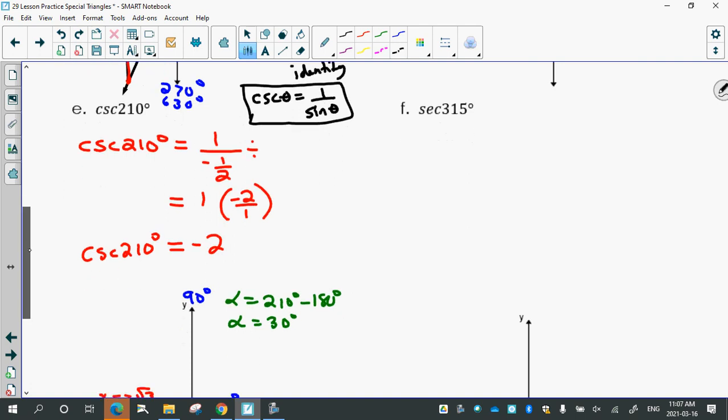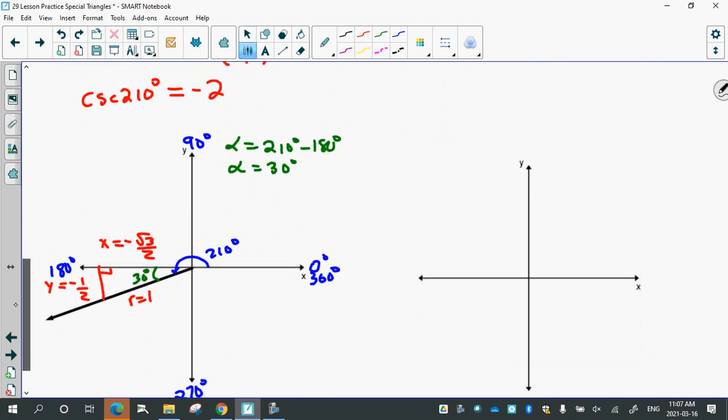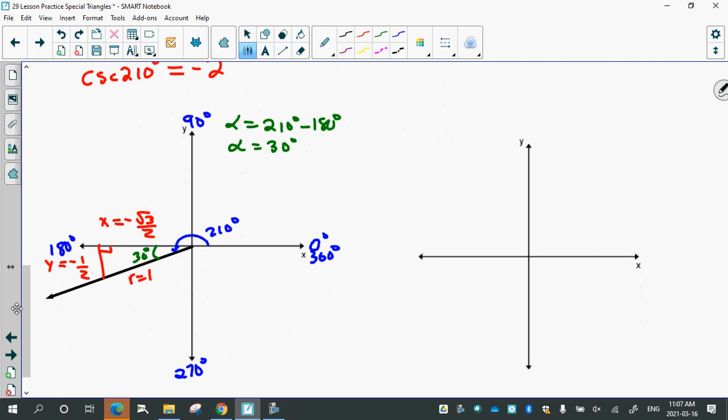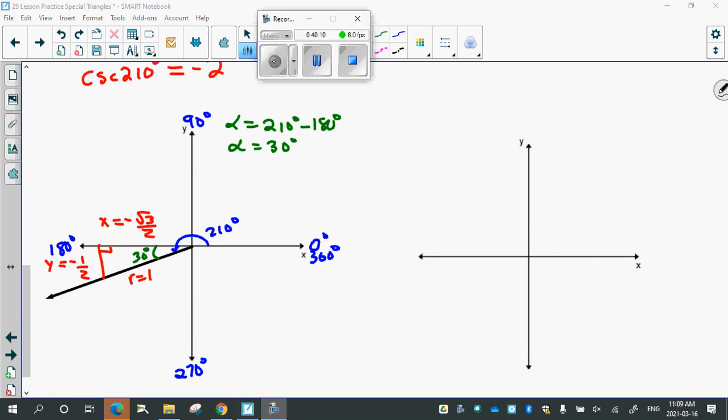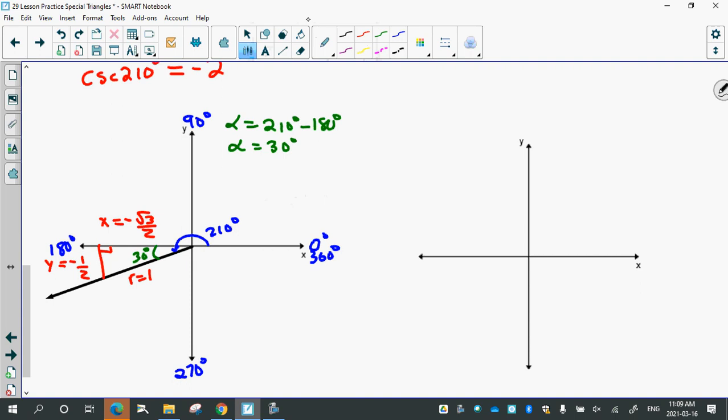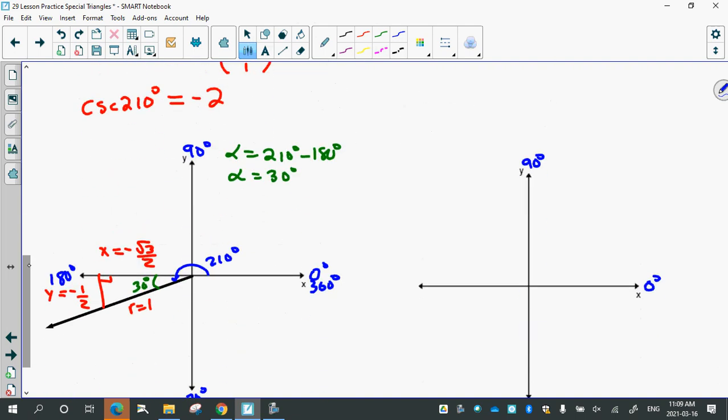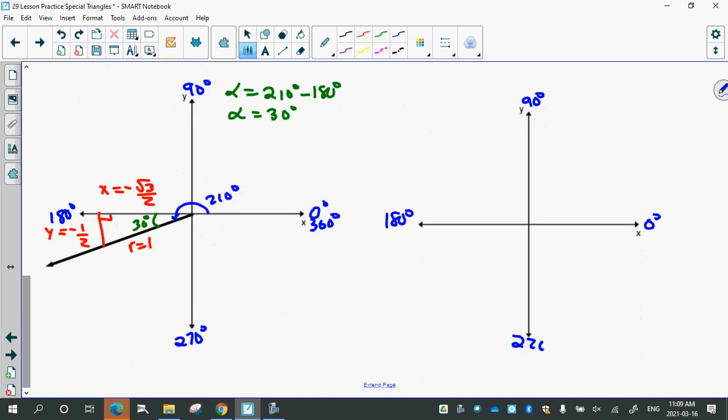Okay, the secant of 315 degrees. Secant of 315. So I think I'll just give you some time to try that one. Okay, so did you guys get halfway in the fourth quadrant?